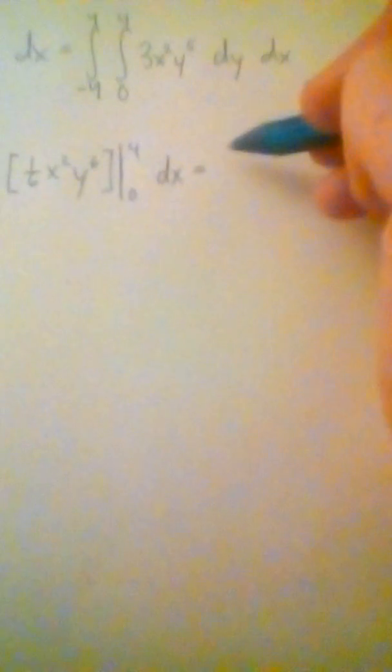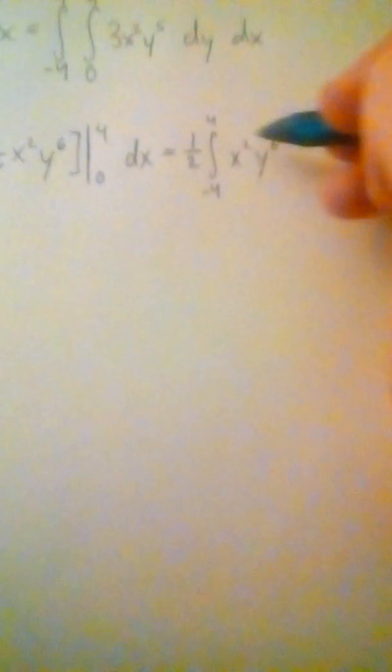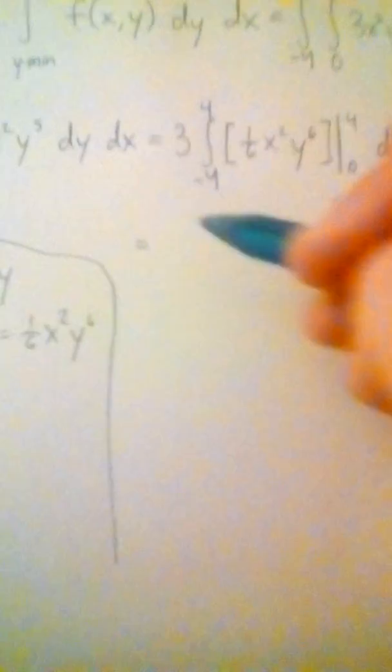So anyways, let's factor out the 1/6, which, 3 times 1/6, will be 1/2. So then we just have to integrate x squared y to the 6th with these boundaries right here. Okay, so anyways, we have 1/2, 4 and -4.